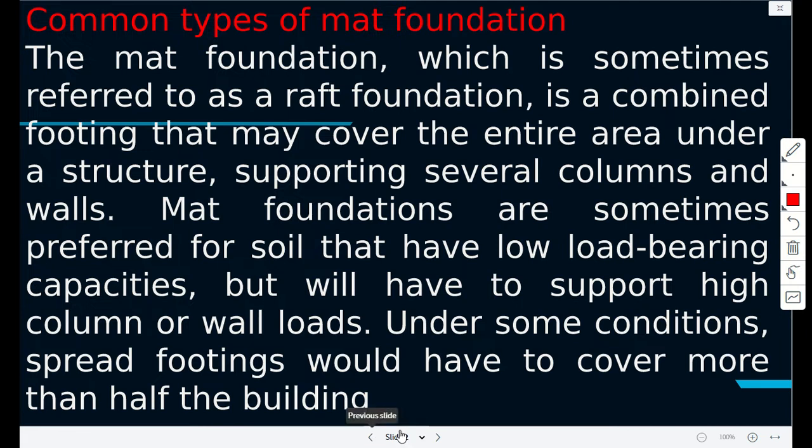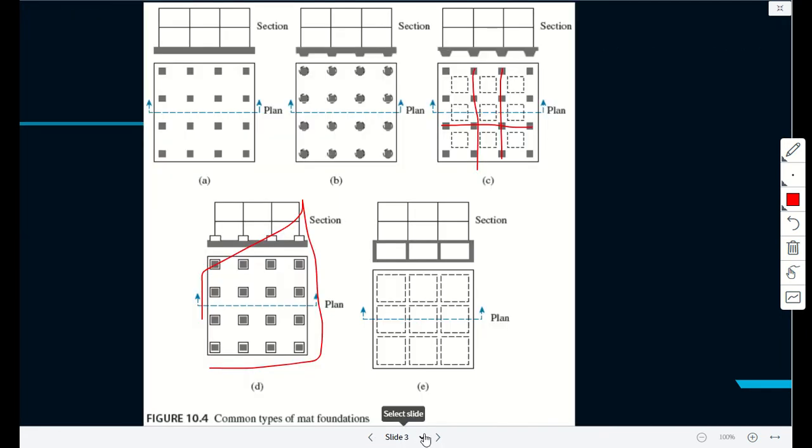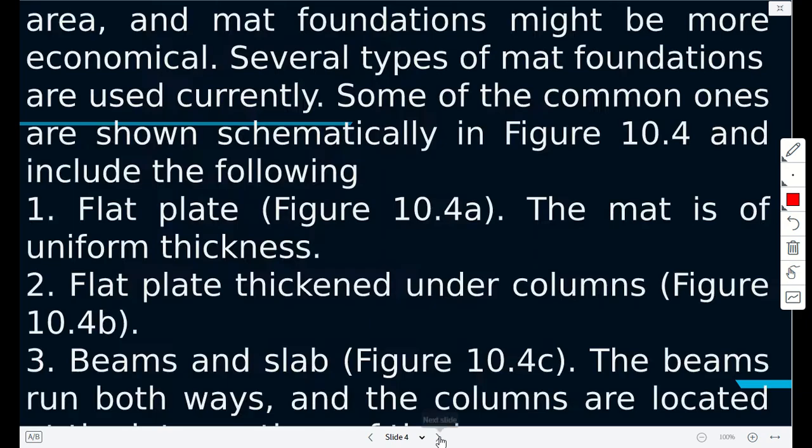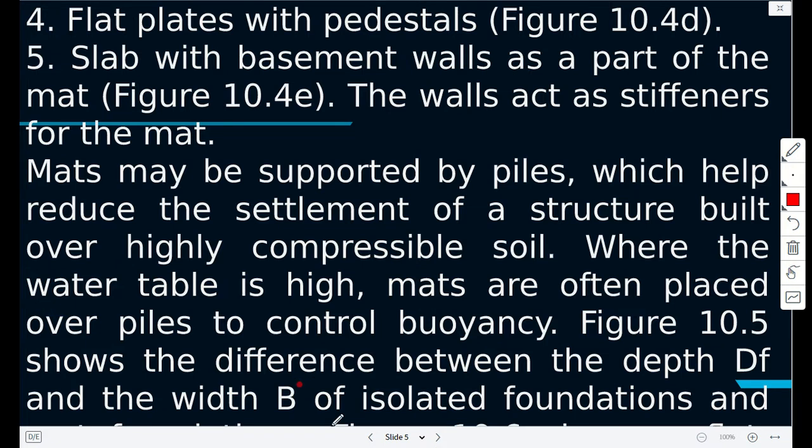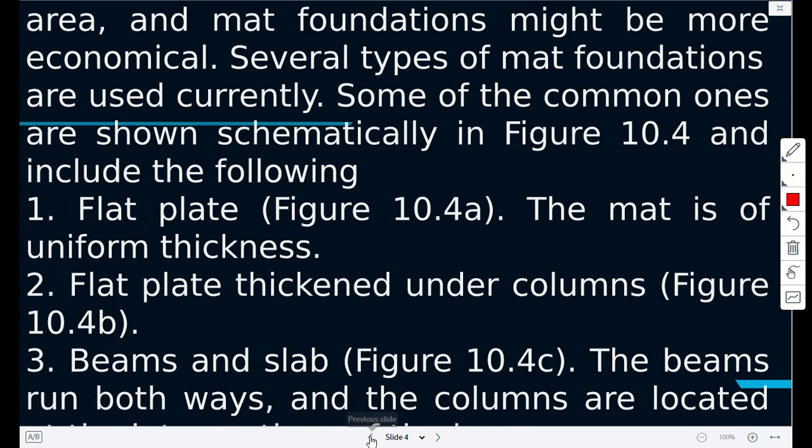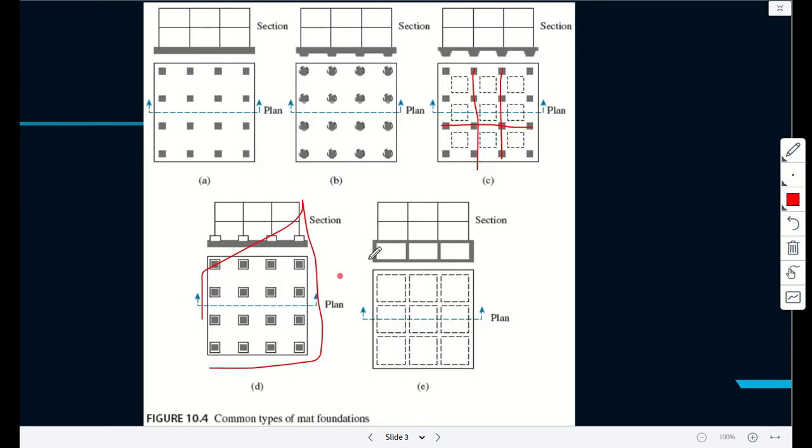Number 4 is flat plates with pedestals. So kind of adding some parts here. You can see here, you can notice the difference between this and this. The normal mat footing is the one shown in black here.